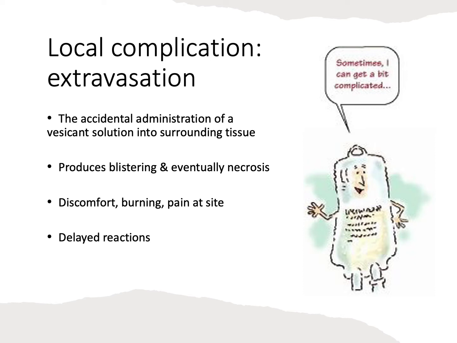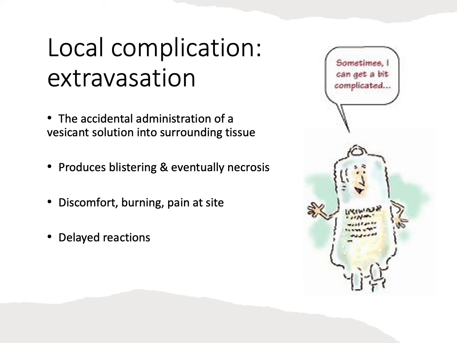Extravasation can cause severe tissue damage, possibly leading to delayed healing, infection, even tissue necrosis, so death of the tissue, disfigurement, loss of function, and even amputation in the worst case scenario. There are often delayed reactions with an extravasation, which is concerning.